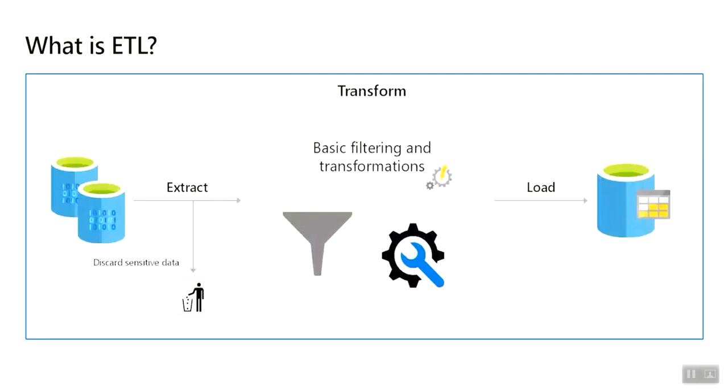So during the transform stage, the data might get standardized, cleaned, transformed, aggregated. Some of the missing values could be filled out, corrupt data could be thrown out. Other tasks could involve some basic data cleaning, deduplicating data, and reformatting some of the contents of the data.